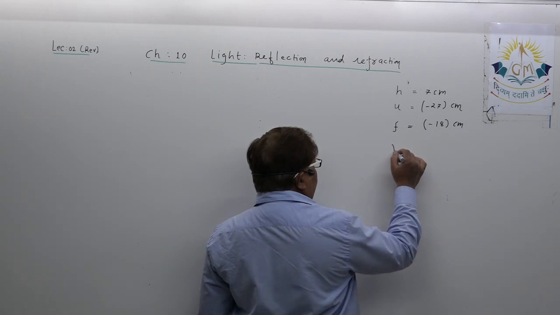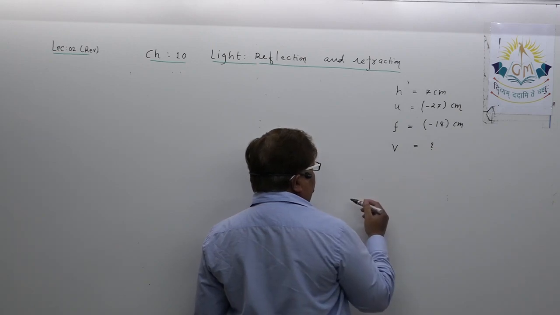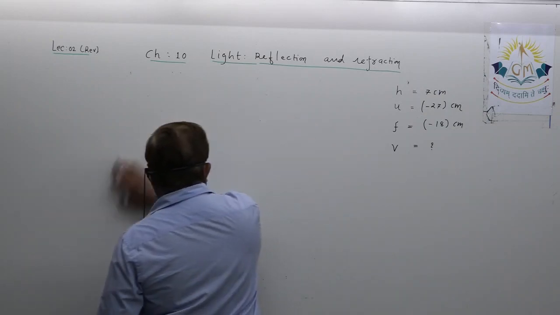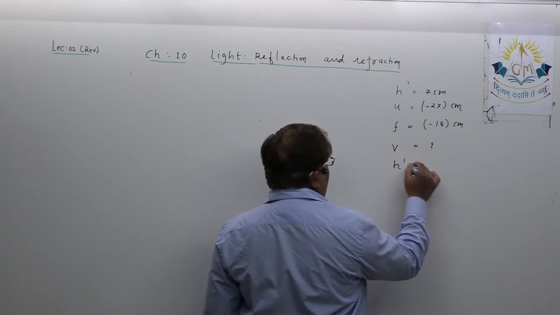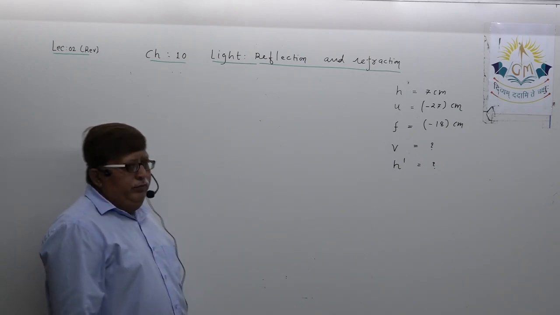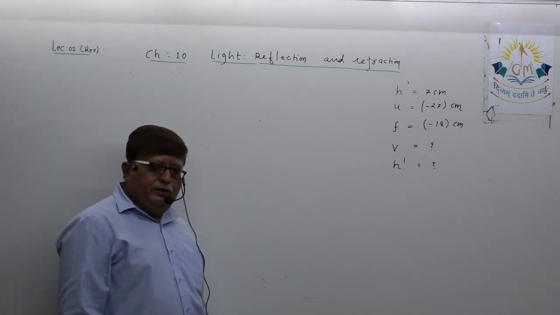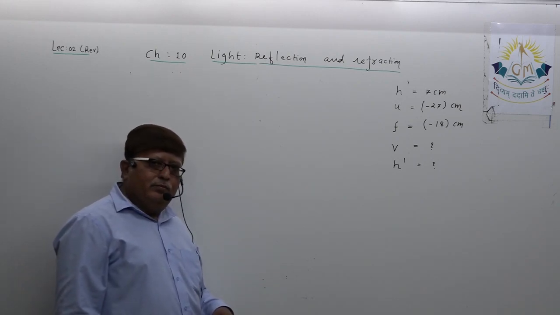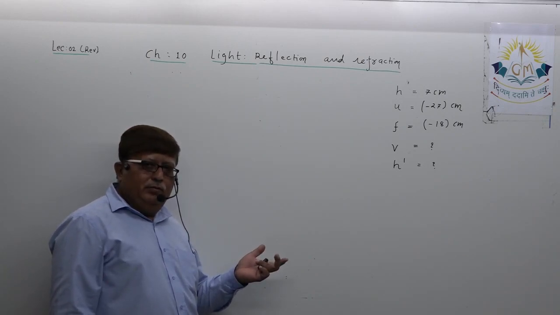You are looking for the position of the image, means where the screen should be placed to get a sharp and focused image of the object, and at the same time you are also looking for the height of the image. Previous looking example, the similar one, but needs practice. Understood? More practice will comfort you to solve any such example. That's why we are taking these examples in basic revision.